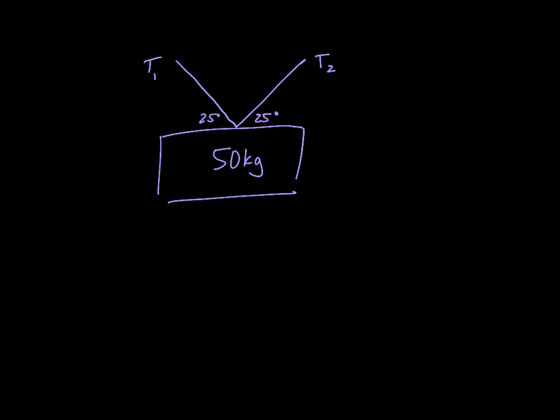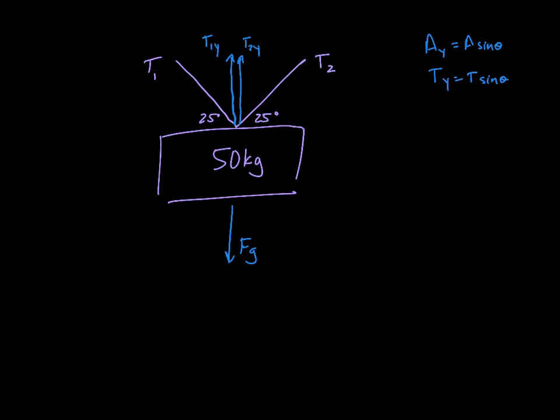So the weight of this, F of G, is being supported by the Y component, the vertical components of both tension cables. So T1Y and T2Y. Remember that vector components, this is in the reference table. AY equals A sine theta. That's in the reference table. The same thing applies here. TY is equal to T sine theta.